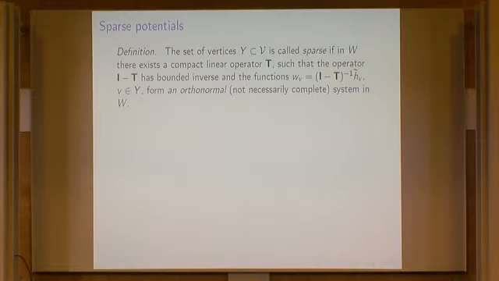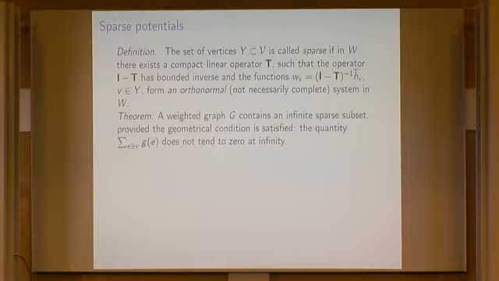Suppose that this V consists of islands which are sufficiently far away. It can be made concrete. Then, first of all, the theorem says that any weighted graph contains an infinite sparse subset, so that the potentials on these islands are, in a certain sense, almost orthogonal.